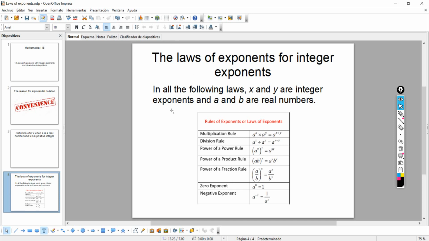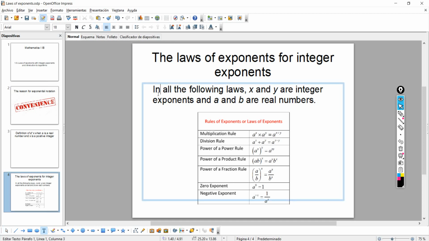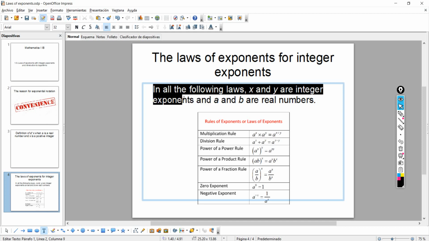So let's see. What do I have in here? I'm writing, in all of the following laws, x and y are integer exponents, and a and b are real numbers. I'm being very specific about what these numbers mean, and that's always the case when you deal with any rule or law. You need to specify what your symbols mean. You cannot take anything for granted.